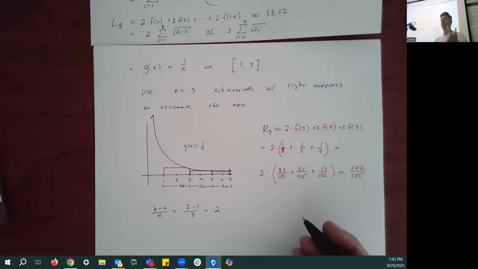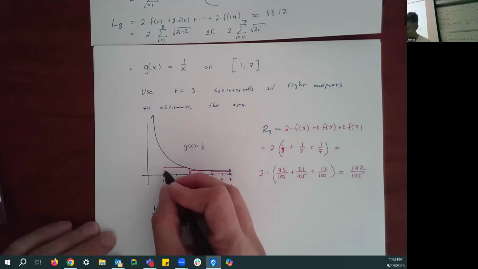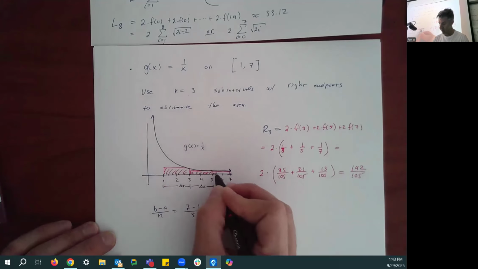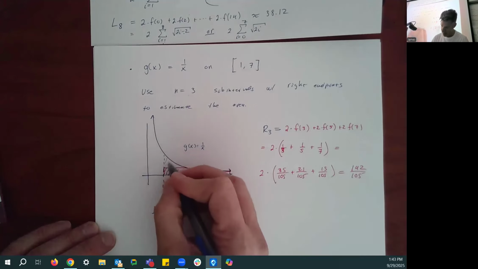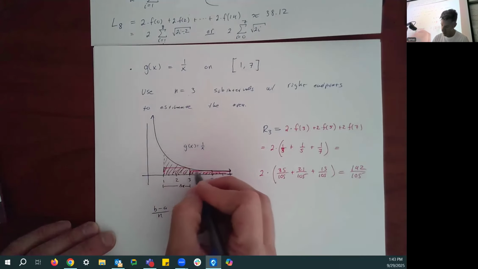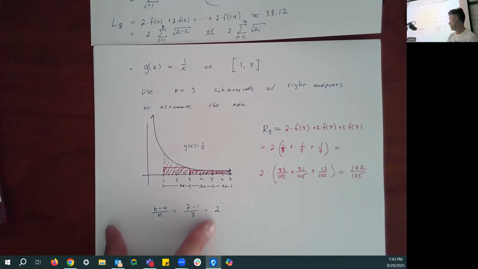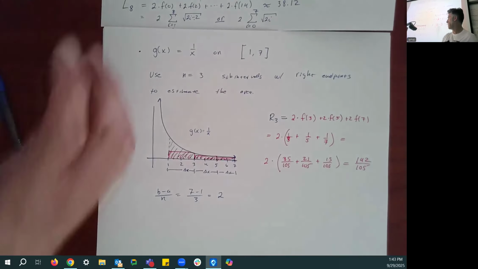But what it does certainly display is we have an over or an underestimate. It's definitely under, right? Look at our rectangles. They're definitely below the area that we're trying to, in fact, I could have drawn this a little bit better, right? We're trying to estimate this total area under the curve from 1 to 7, which is definitely more area in blue than in red, if you can see my so-so picture there.